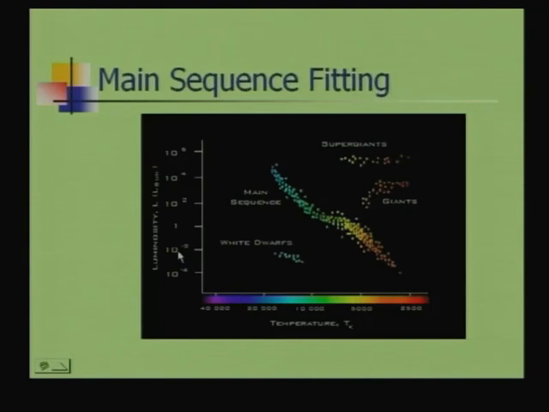Because to determine the luminosity you need to know the distance. What you measure from the earth is the flux. To determine the luminosity you need to know the distance. So this brings us back to the same question, how do we determine the distance?